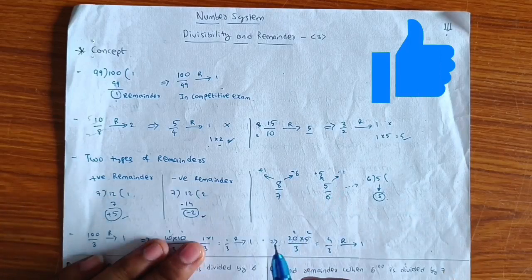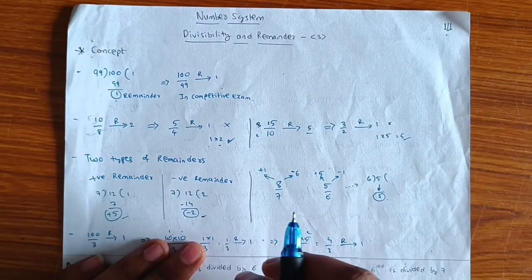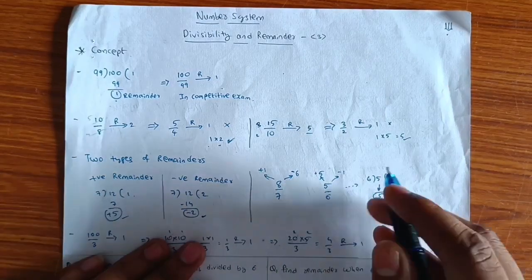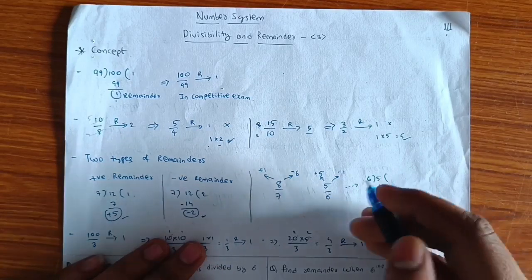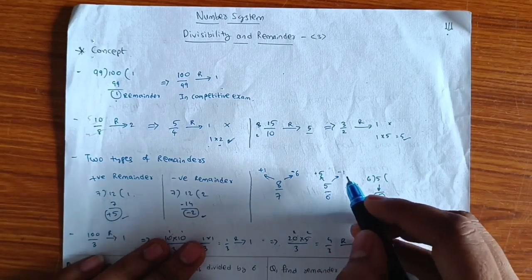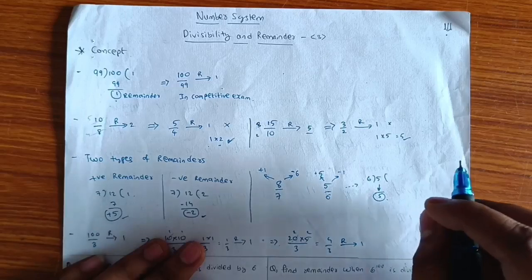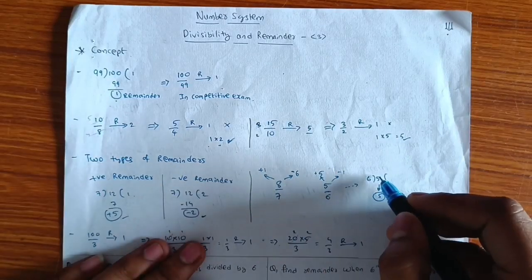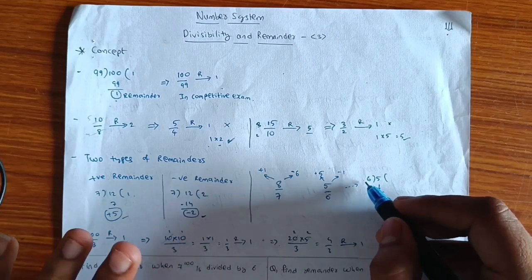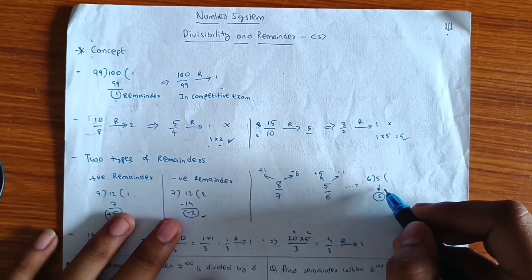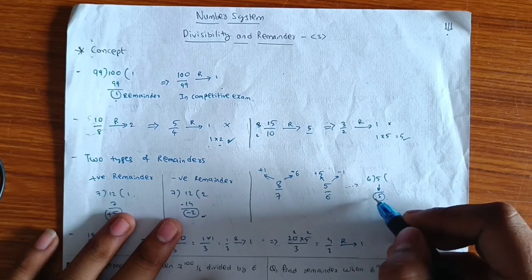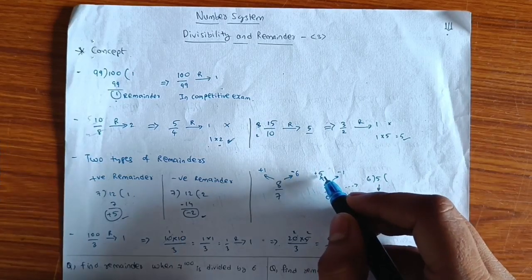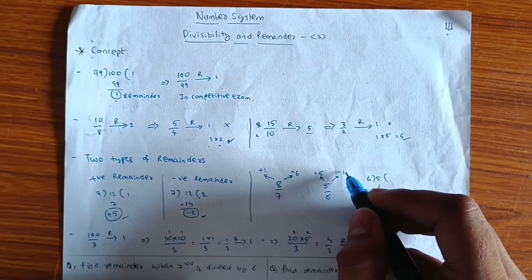Now sometimes people may fall into trouble, like 5 by 6, what will be the remainder? The value in the numerator itself is the remainder. Whenever 5 is divided by 6, the value 5 itself is the remainder. Plus 5 is the positive remainder and minus 1 is the negative remainder.